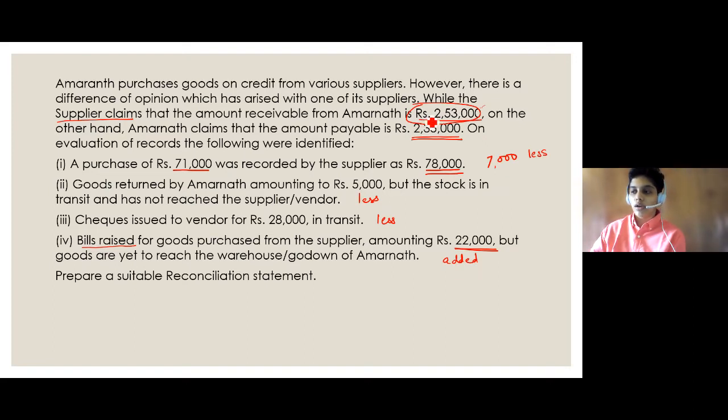So we can prepare a reconciliation statement in this way when there is a difference of opinion between the parties about the balance. And also we can prepare a reconciliation statement which just follows the steps of the payable or receivable reconciliation, where you have to ascertain the balance based on the sales and the payments made or the notes raised during the course of the transactions.